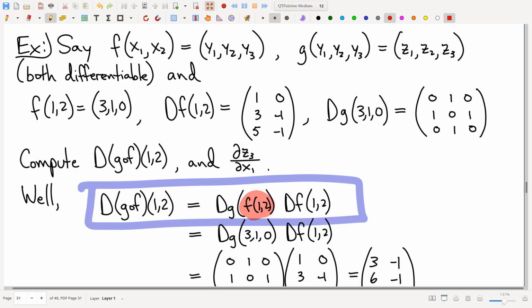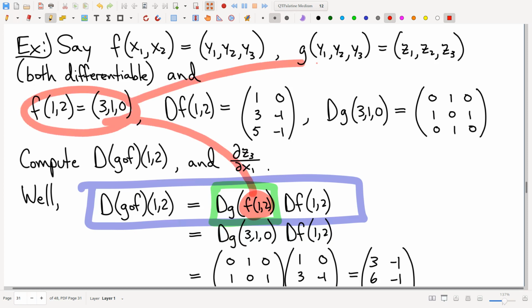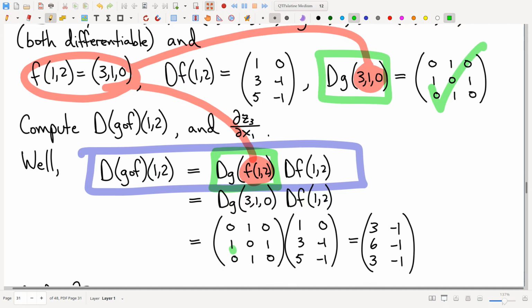And now, I need DG at the point f of 1, 2. Notice, conveniently, we are given that f of 1, 2 is 3, 1, 0. And so, lucky break, the DG that we need is exactly the DG that we have.